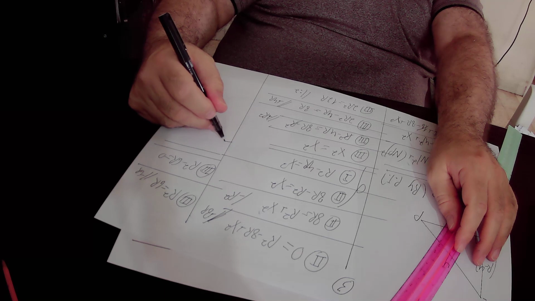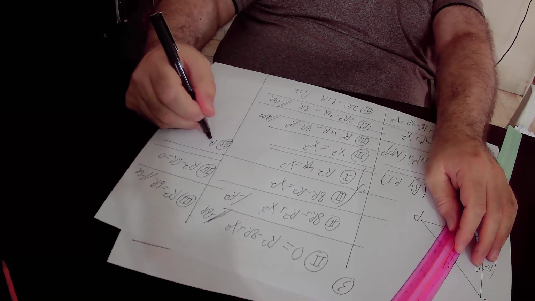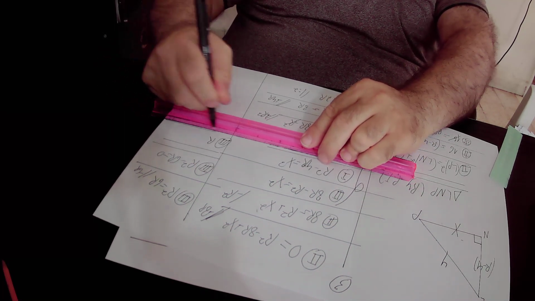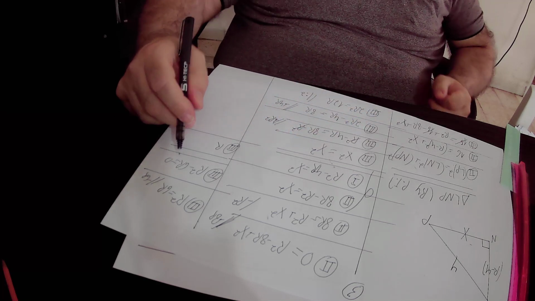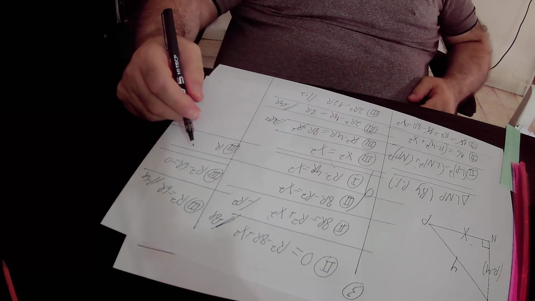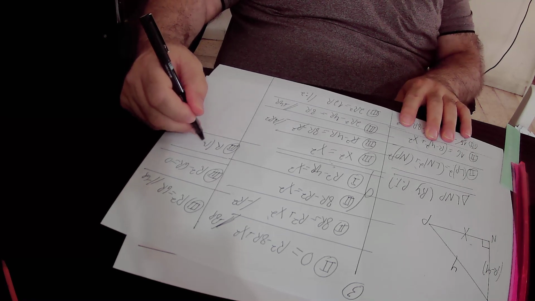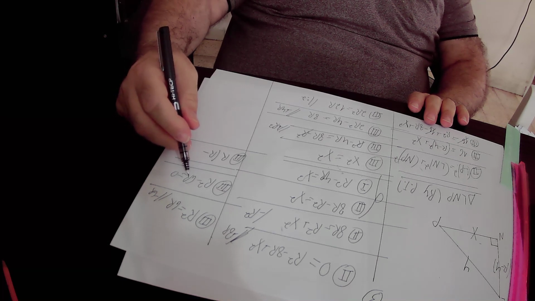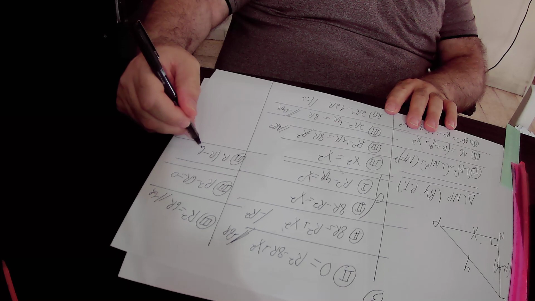Here we'll take r as a common factor from equation number 3. We took r as a common factor of those two expressions. What is left from r squared after we took from it r as a common factor? It is actually r. And what is left from minus 6r? It is actually minus 6.